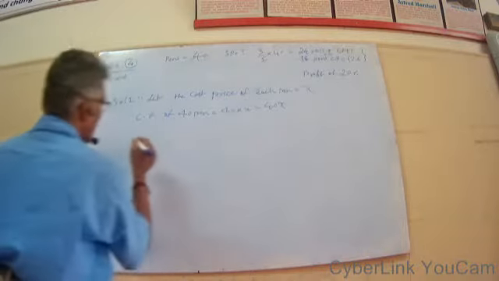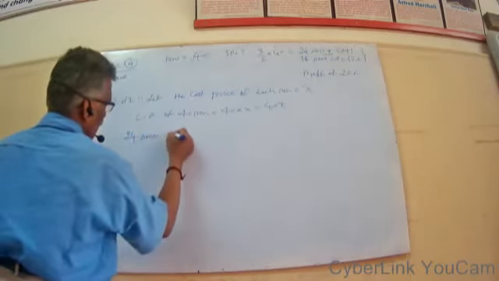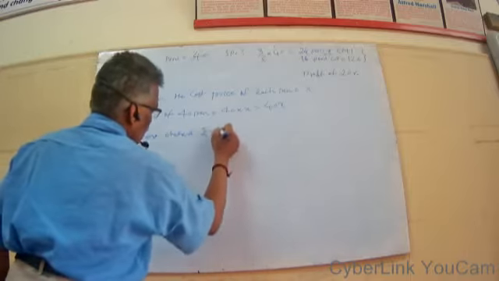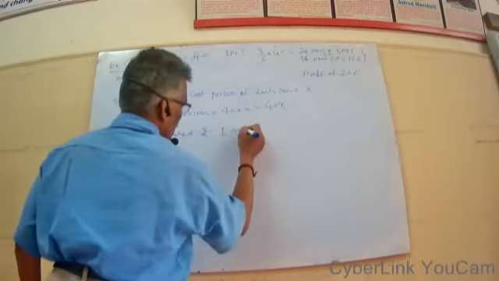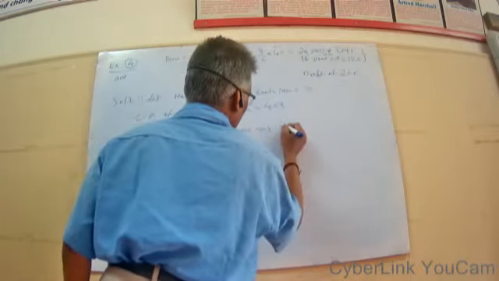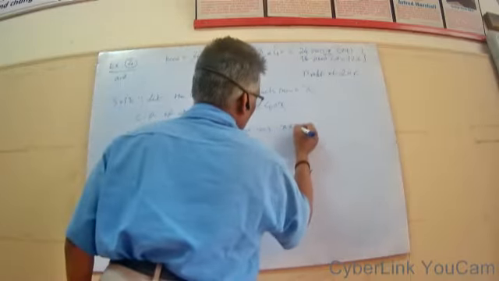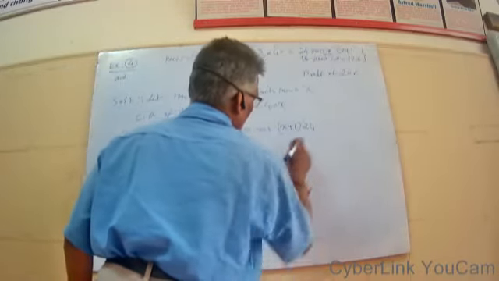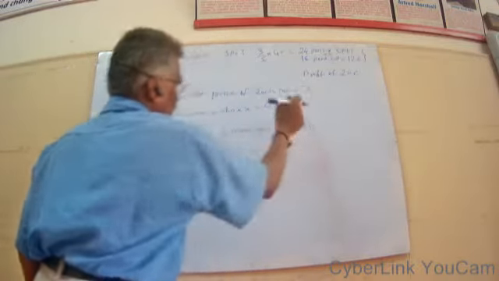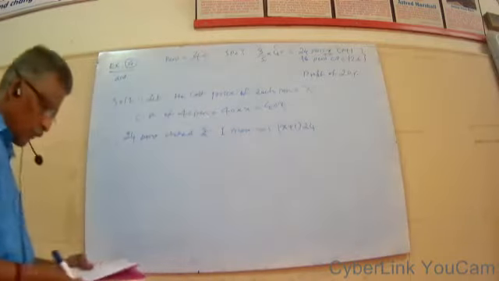So 24 pens charged 1 rupee more implies the cost price is x, this becomes x plus 1. So for 24 it is x plus 1 into 24. Because 24 pens are there, for each pen 1 rupee extra. So x plus 1 rupee extra into 24 equal to 24x plus 24.